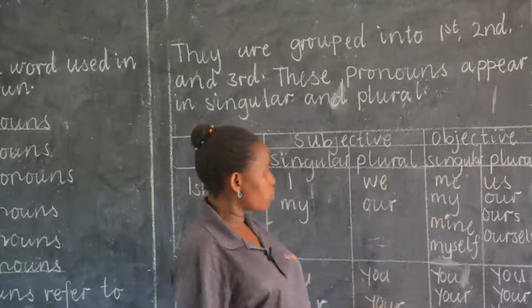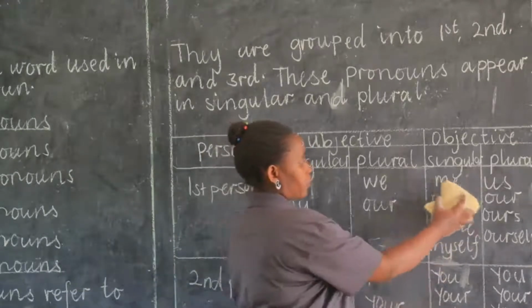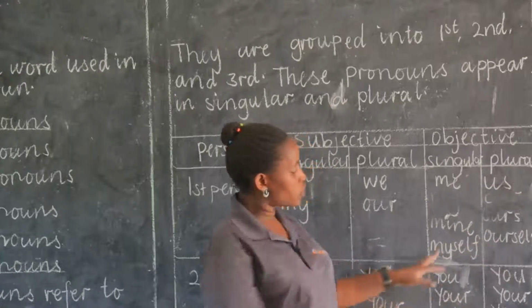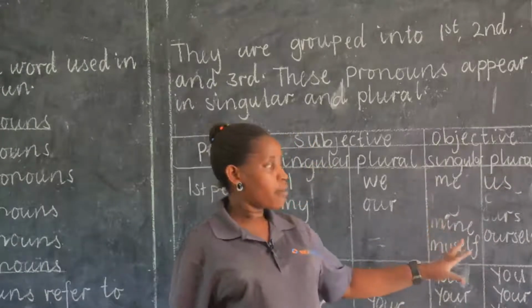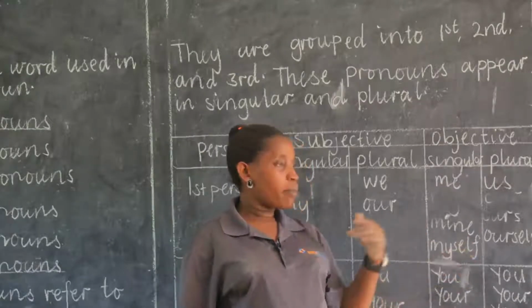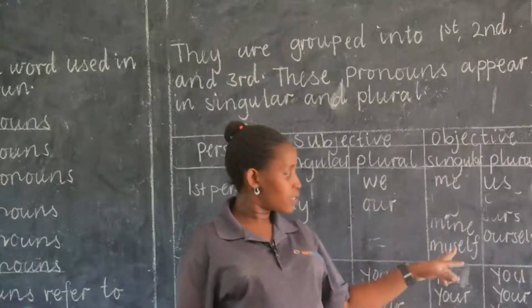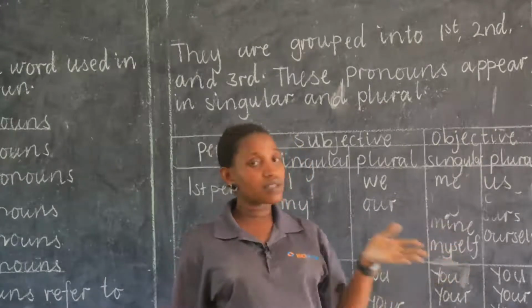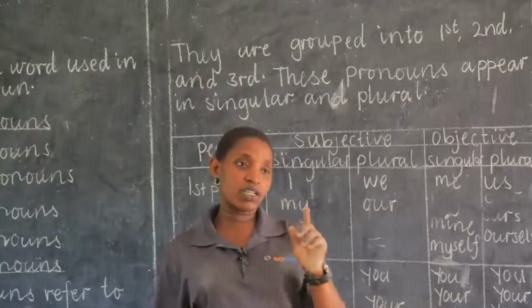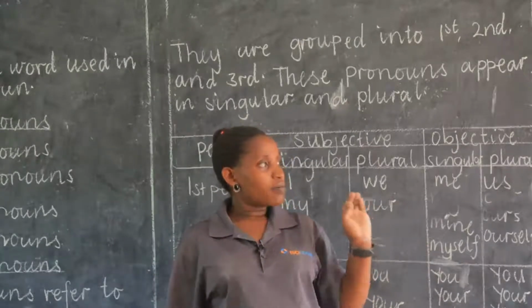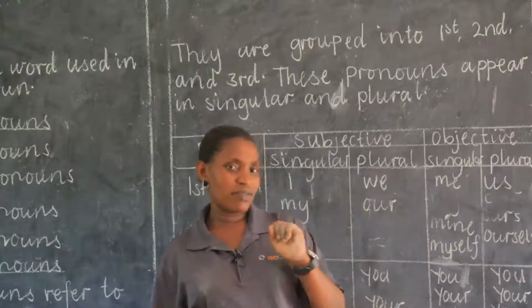Then when we come to object still, myself. Now these ones are reflexive, self, myself. But reflexive pronouns always come at the end. They're always objective pronouns. So you will say, I am talking to myself.